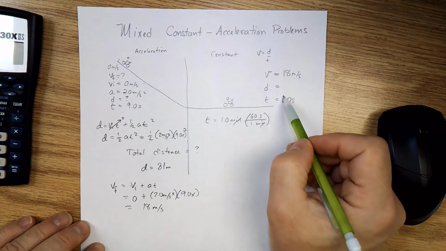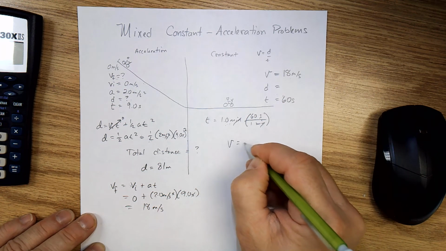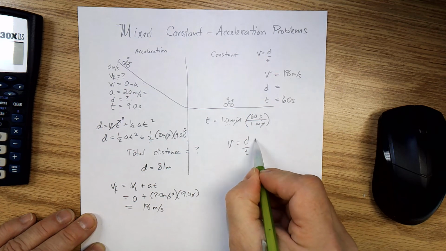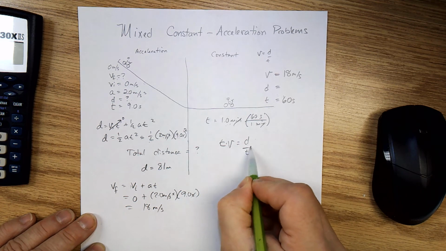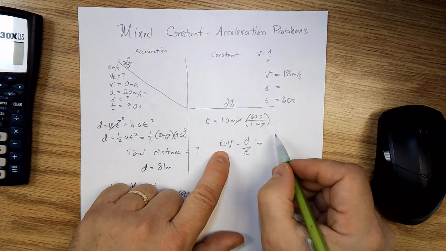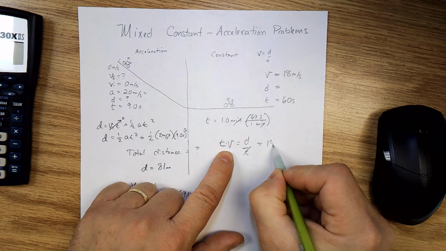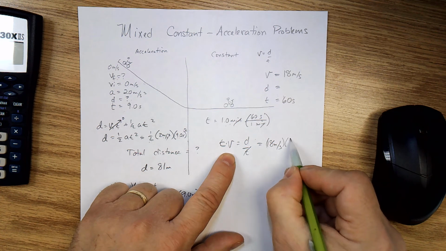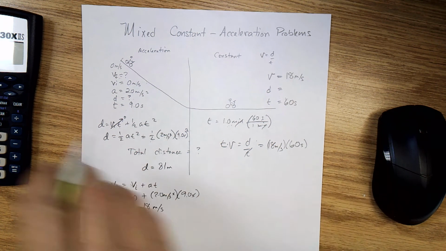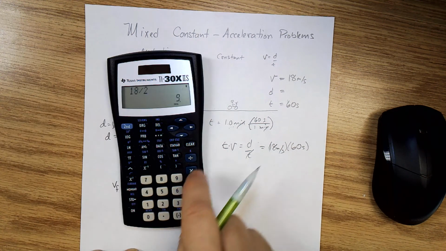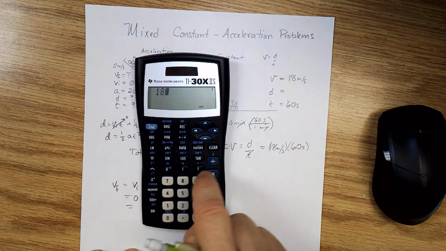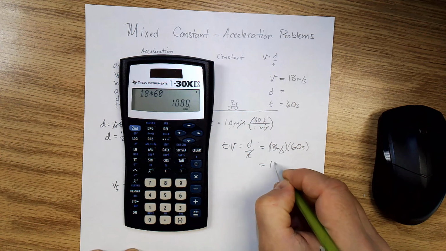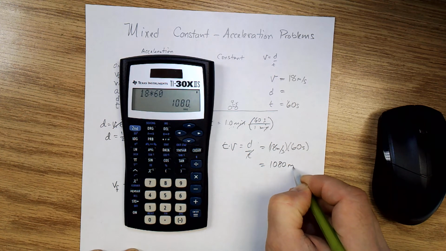Now I can simply find distance by V equals D over T. Solving for D, I multiply both sides by T. So I take my 18 meters per second and multiply it by my time of 60 seconds. 18 times 60 gives me 1,080 meters.